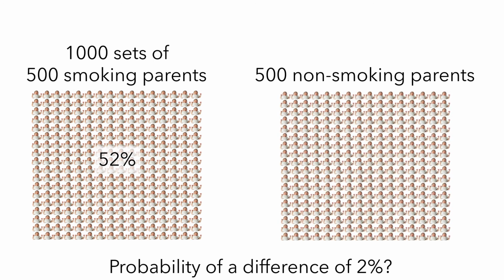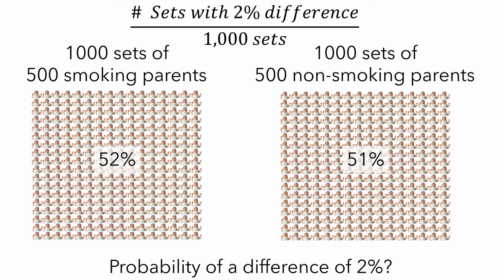Then you'd look at a set of 500 non-smoking parents, compute the percent that had girls, and then repeat this 1,000 times. In this particular example, the difference between the 52% and the 51% was just 1%, but you'd repeat this 1,000 times and compute the number of sets where there was a difference of 2% divided by the total number of sets you compared.